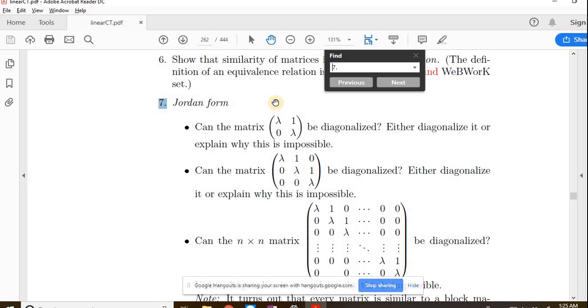Sorry, I was thinking of eigenvalues. For this one, are you looking at problem 7? Yeah. Well, as I mentioned, if you replace this lambda with A and solve for the eigenvalues, so that would be A, 1, 0, A. If you have that matrix and you solve for the eigenvalues, what are you going to get?